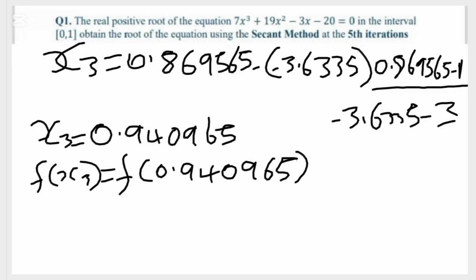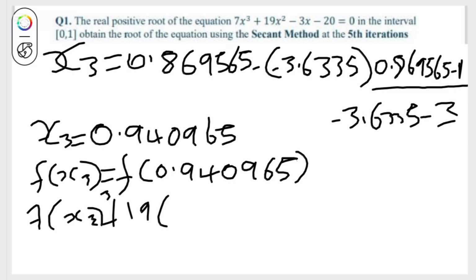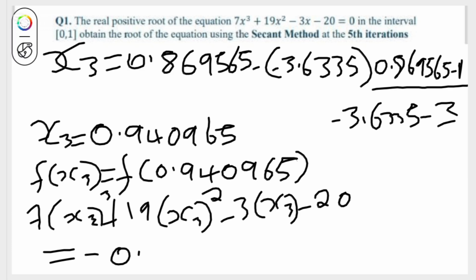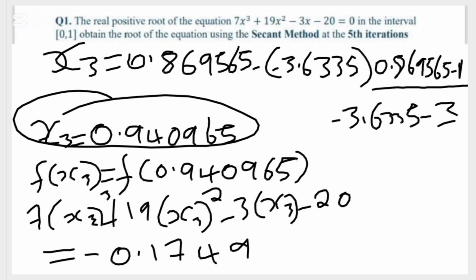This is the same thing as 7 multiplied by x3 raised to the power of 3, plus 19 x3 squared, minus 3 x3 minus 20. So let me see what I'm going to get. This will now be equal to negative 0.1749. So this is the new function of x3, and this is the actual x3.